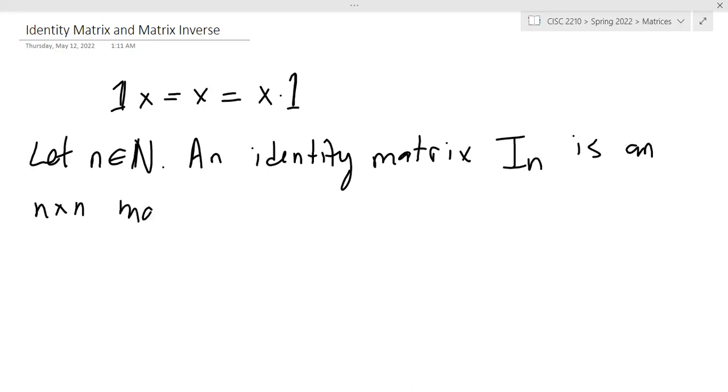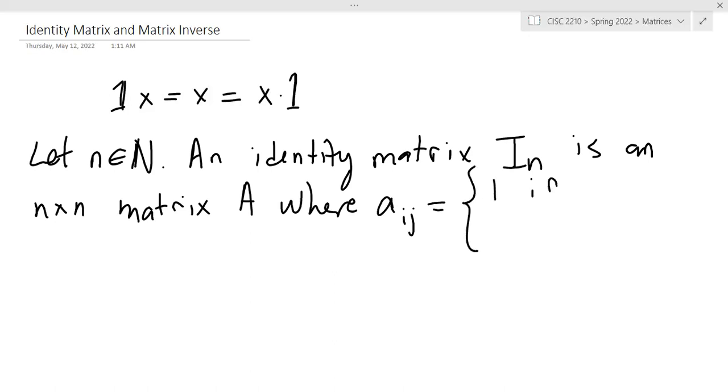Notice it's a square matrix: the number of rows is n, and the number of columns is n. So it has the same number of rows as columns. And we'll call this matrix A, where A sub ij is equal to 1 if i is equal to j, and it's equal to 0 if i is not equal to j.